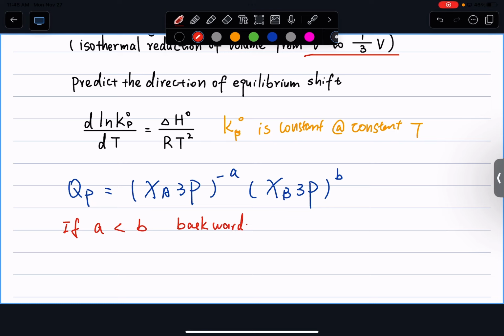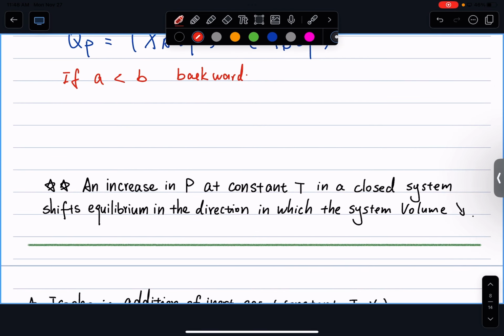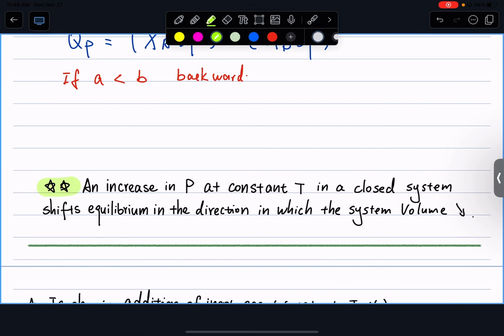And vice versa, if A is larger than B, your QP is smaller than KP, we're predicting a forward reaction. So we end up having the general rule again. An increase of pressure at constant temperature in a closed system will shift our equilibrium in the direction in which the system volume decreases.